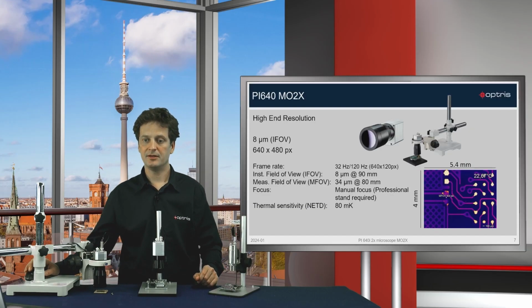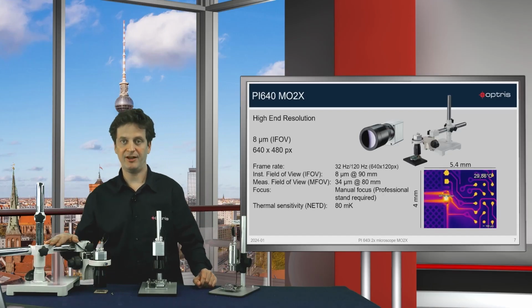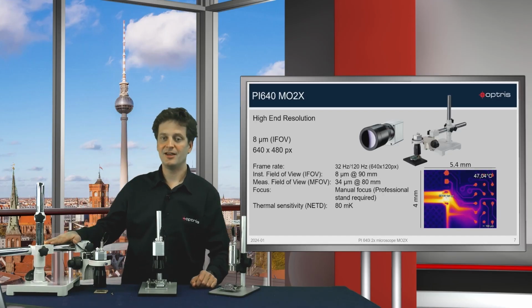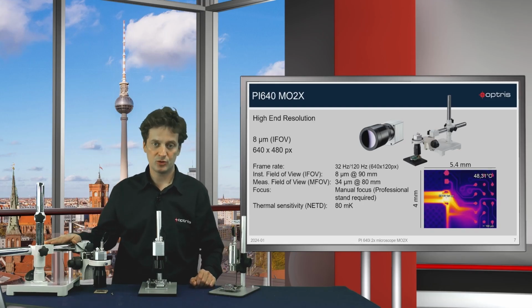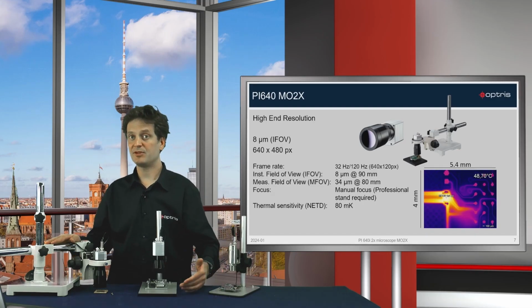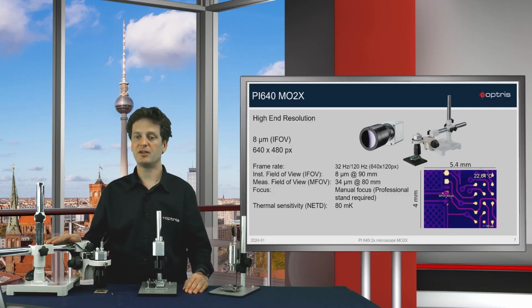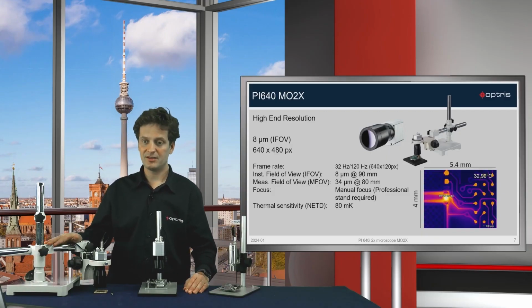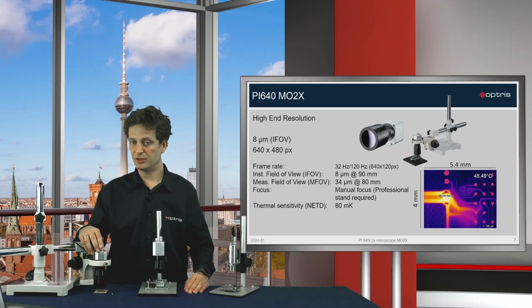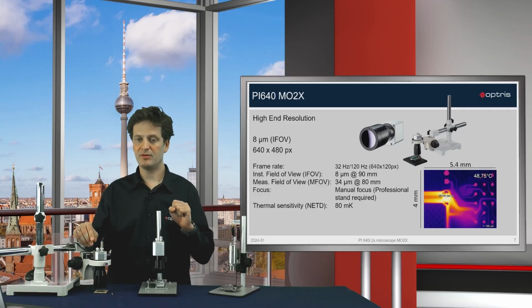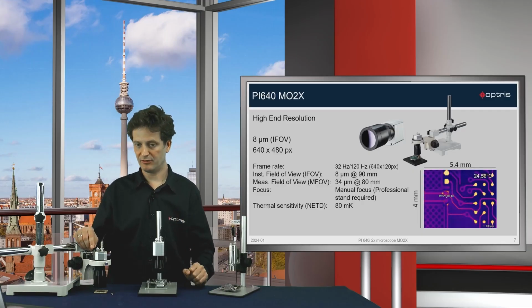And then we have our flagship, I would call it. This is the PI640 MO2X, meaning 2 times magnification. It's not a 1-to-1 resolution, it's a 2 times magnification. With this camera, we can have a much higher resolution, down to 8 micrometer instantaneous field of view.